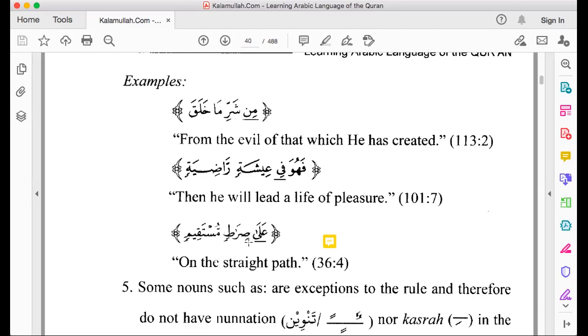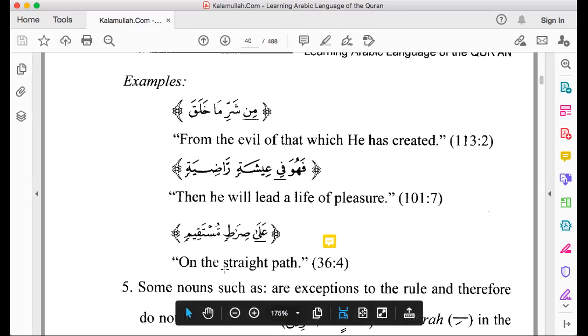That's how we would know that the translation would be "the." But because it doesn't have the al in front of it, this is indefinite. So the translation is the one that is incorrect. It should be "on a straight path." The error is within the book. So if you look on a Quran app, it should be "on a straight path."